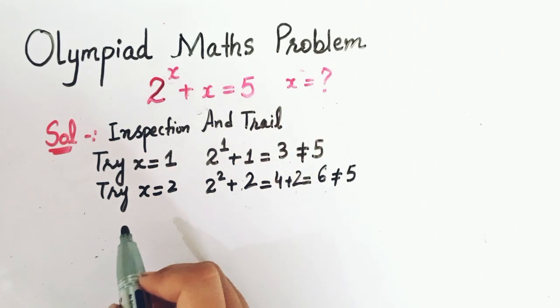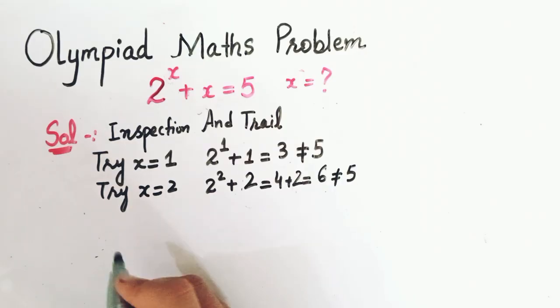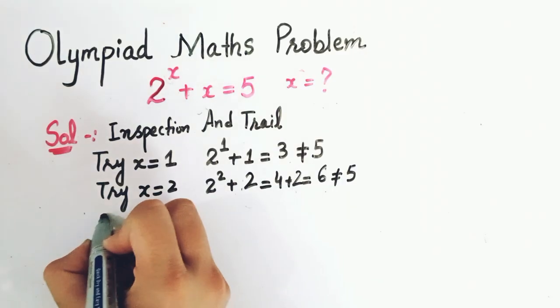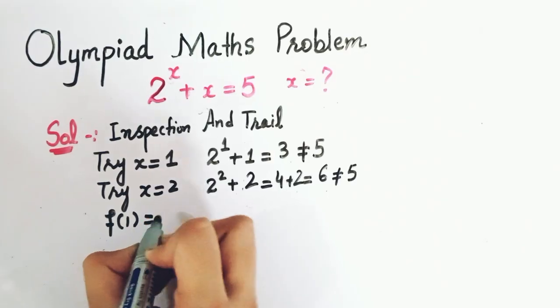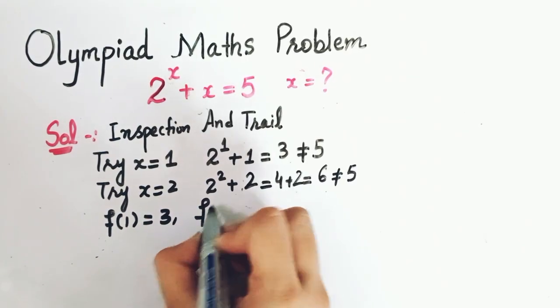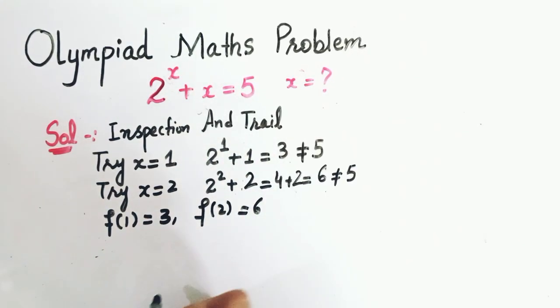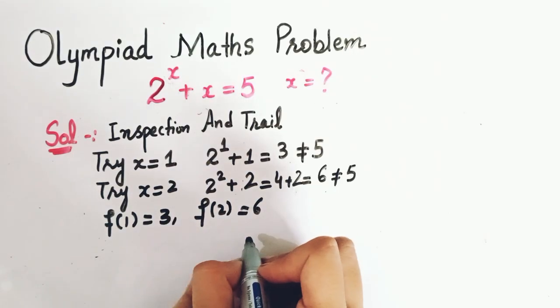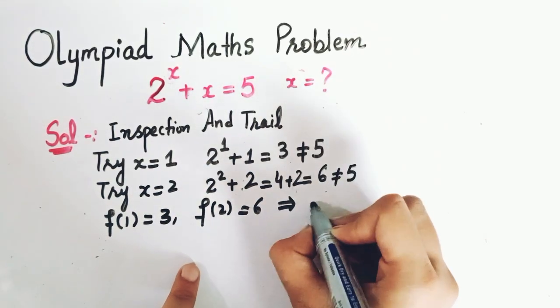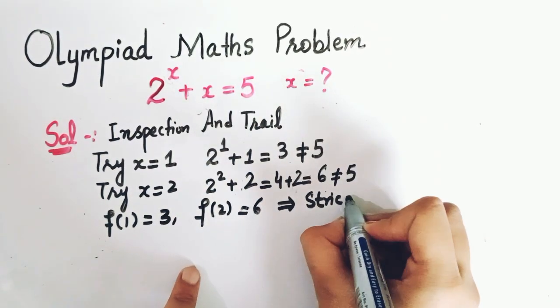Now look for a value whose precise result is 5, as f(1) gives us 3 and f(2) gives us 6, and the function is strictly increasing. We know that this function is strictly increasing.